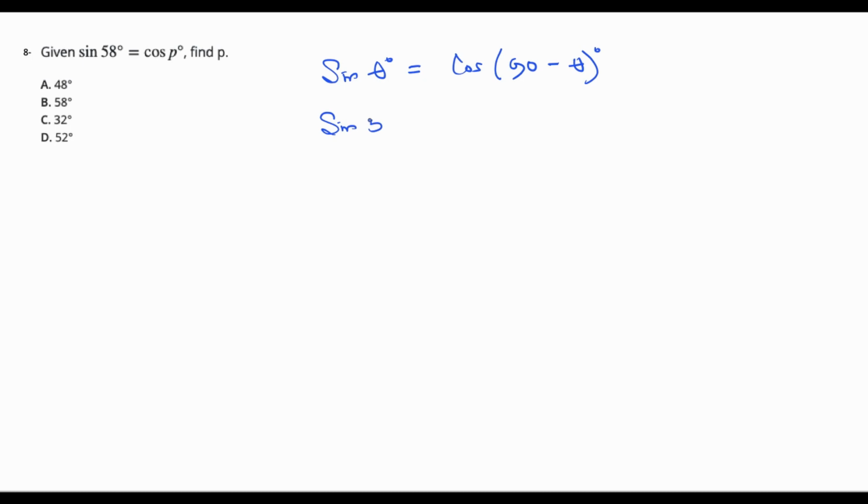From the expression we're given, we know that this is sine 58, and that's going to be equal to cos 90 minus 58 degrees. So sine 58 degrees is equal to cos 32 degrees. So our answer here is 32 degrees.